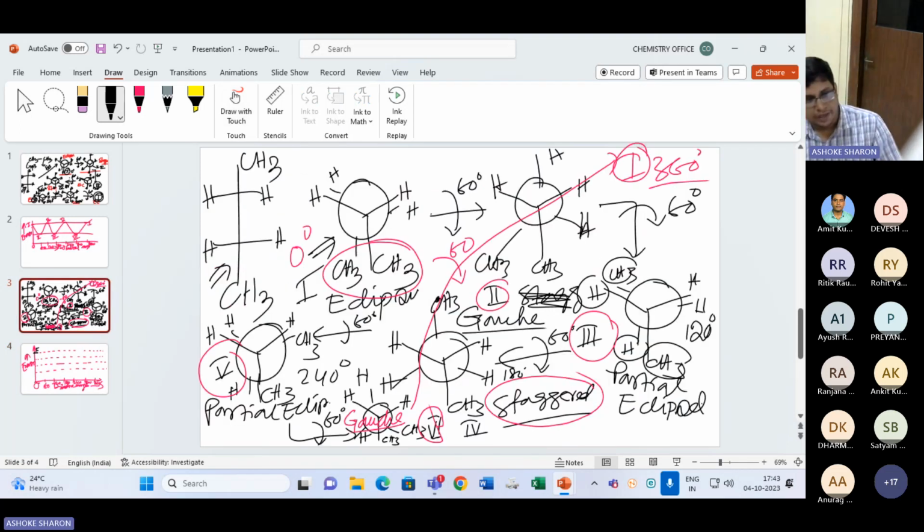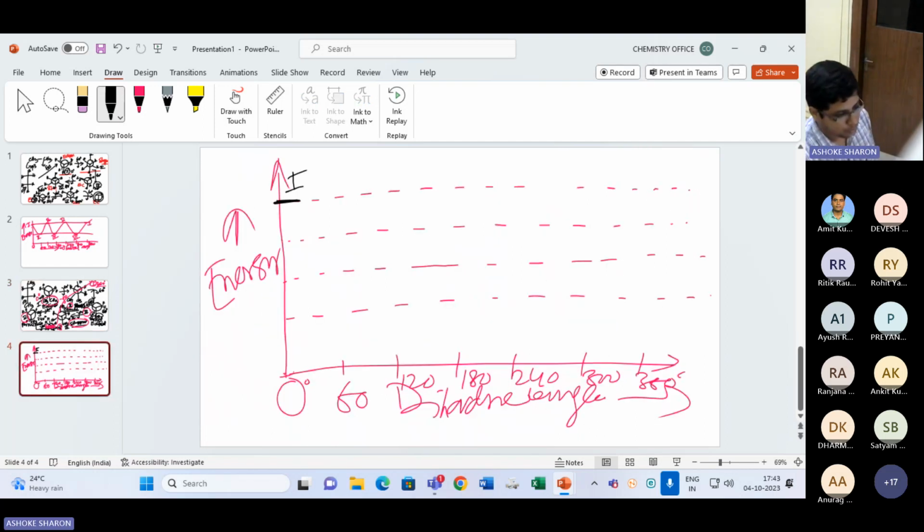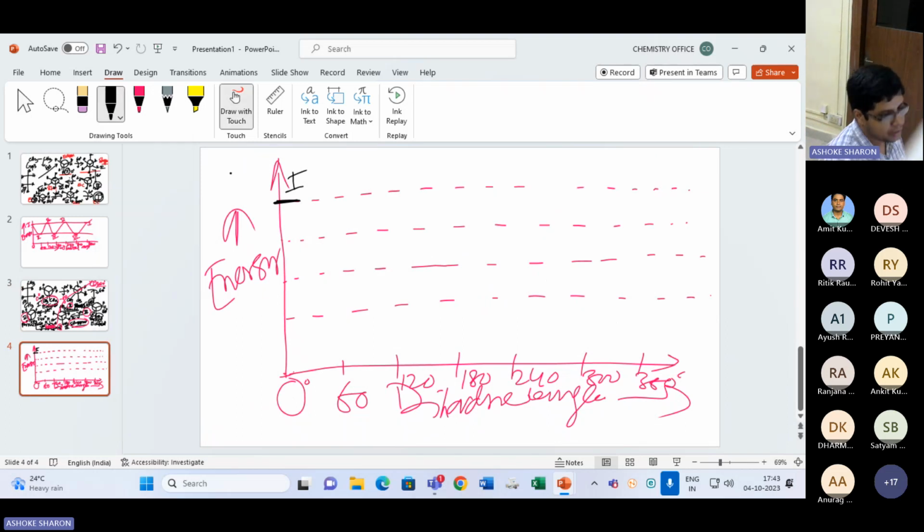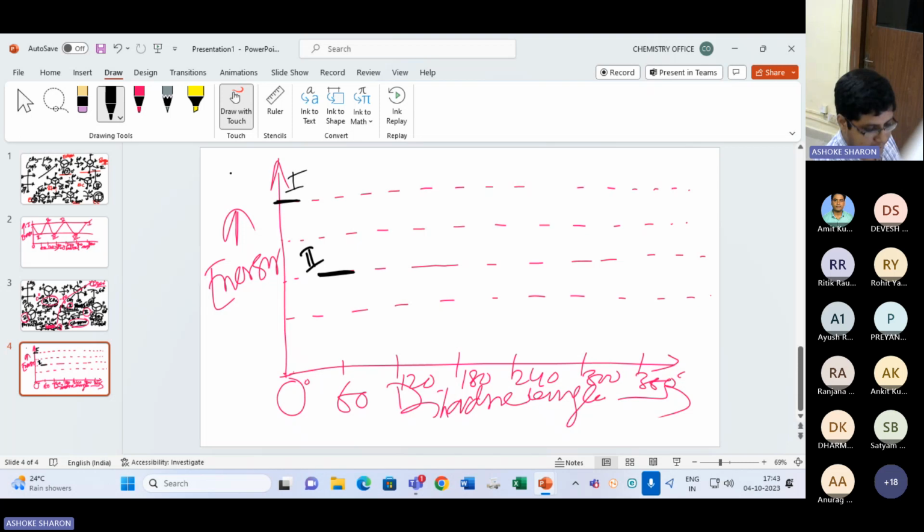Then 60 degrees is not the most stable one, so it will be like this. 120 degrees is not the least stable, so it belongs here. Clear? 180 degrees is the most stable one, so it is staying here.